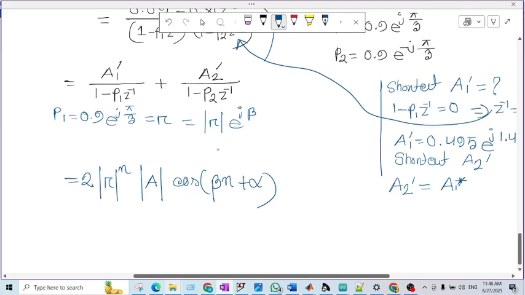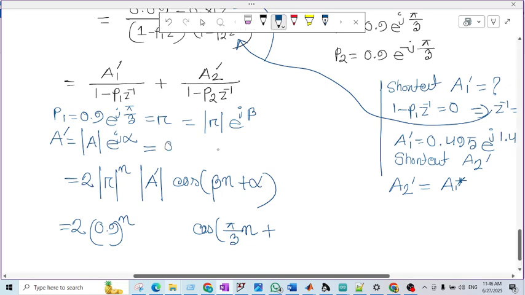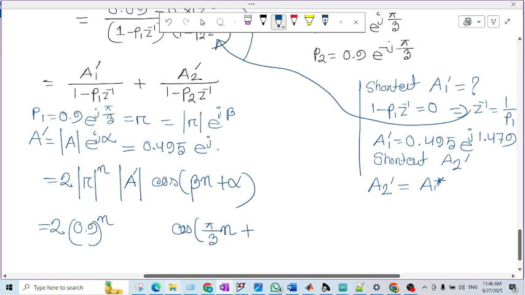So r is equal to 0.9 and beta is equal to pi by 3. Then we know that a is the magnitude of a e to the power j alpha, and from here it's actually a prime. So a prime is 0.495 e to the power j 1.479. Oh, it's in radian.